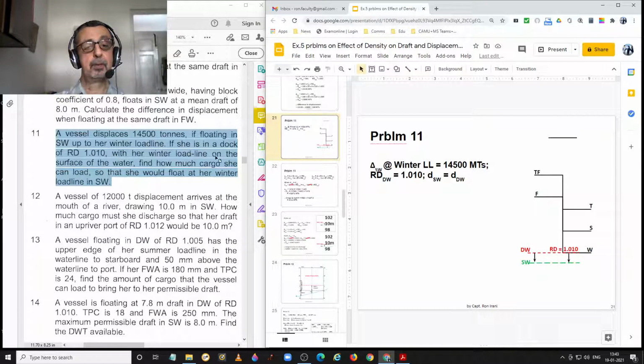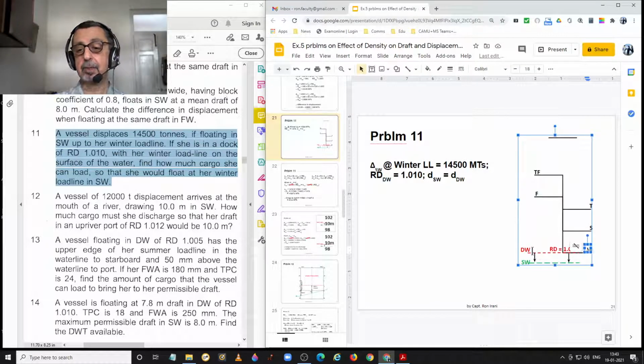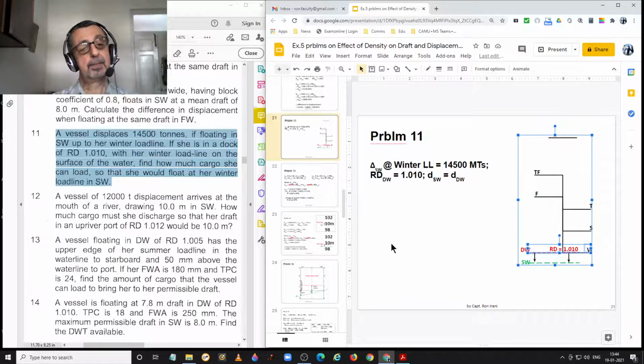Her winter load line on the surface of the water. The winter load line is on the surface of the water, and the water is dock water 1.010. Her displacement in salt water is 14,500.